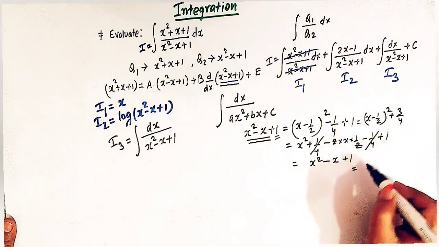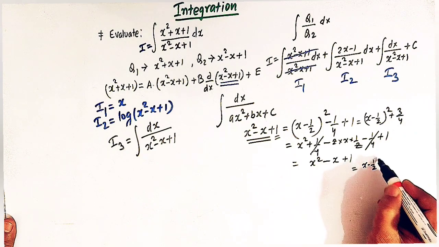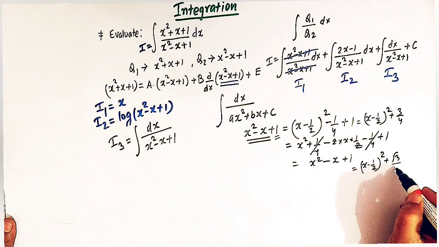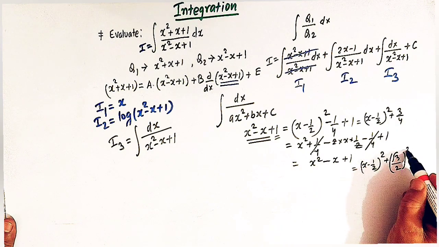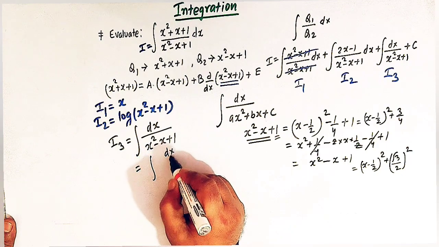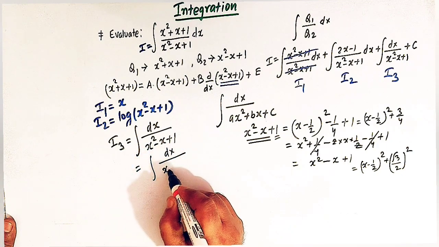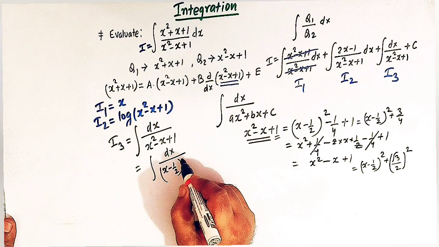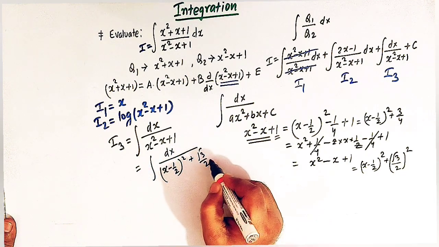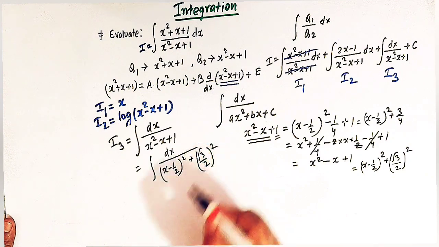So this can also be written as x minus half square plus root 3 over 2 square, right? So now we have the integral dx over x minus half square plus square root of 3 over 2 square.